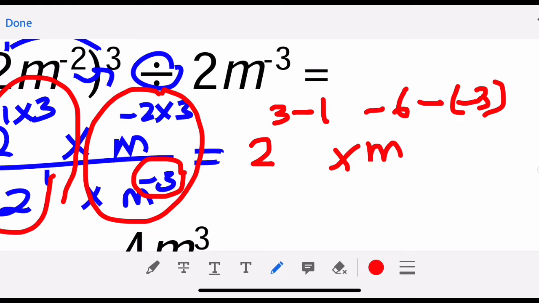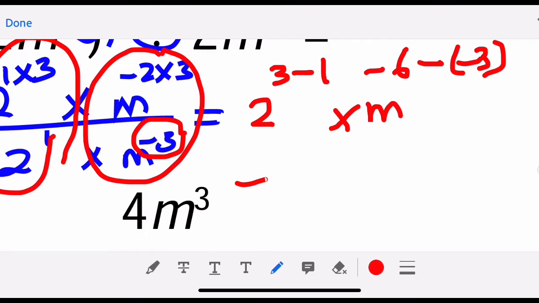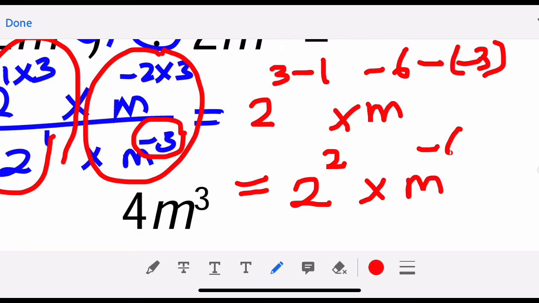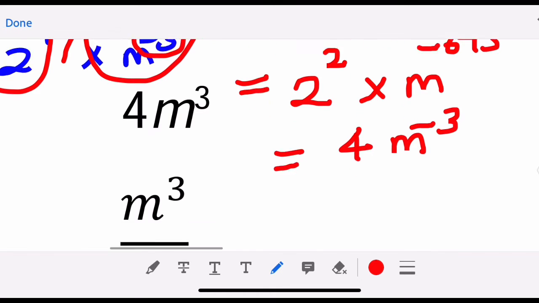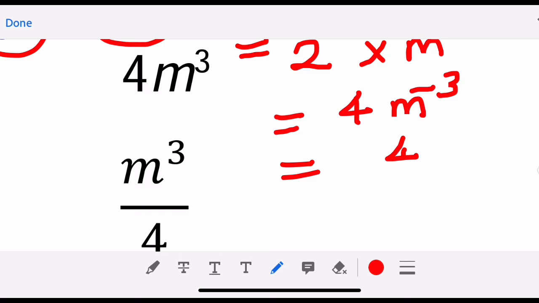Be very careful when you do small powers, right? 3 minus 1 will be 2. M negative 6 plus 3 will be m. So you will have 4 m negative 3, right? If you cannot find the answer, bring it down, then the power becomes positive.